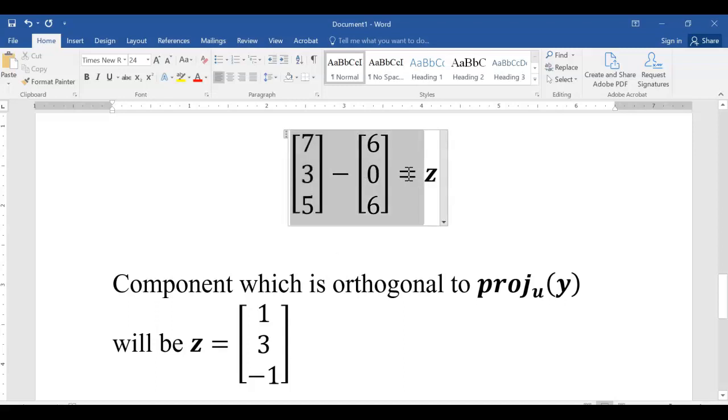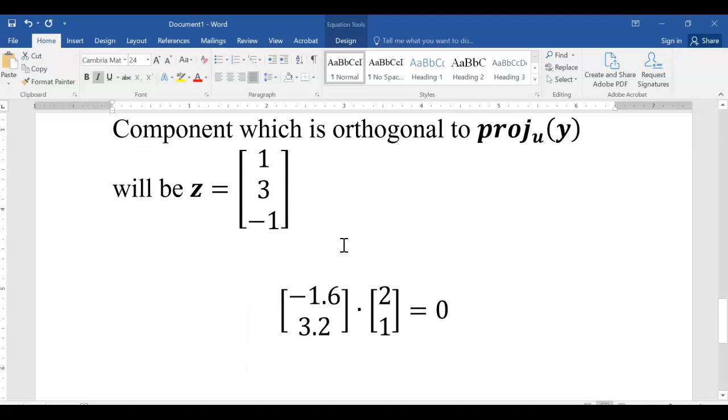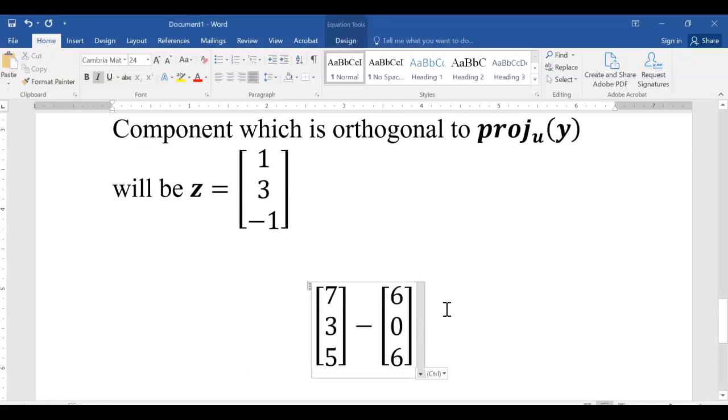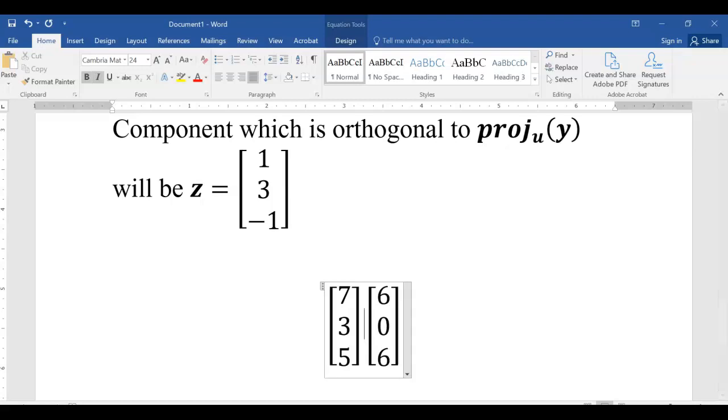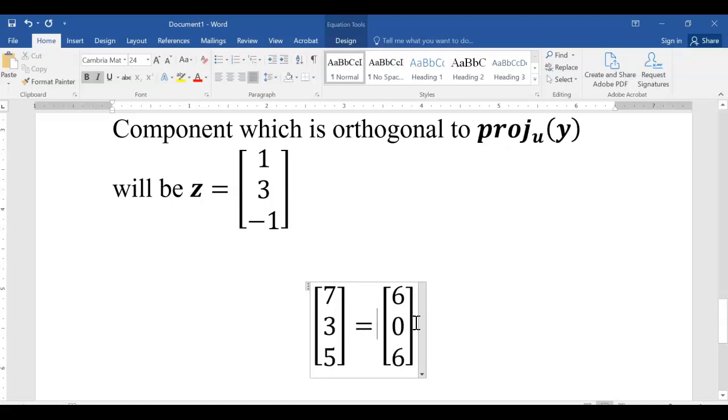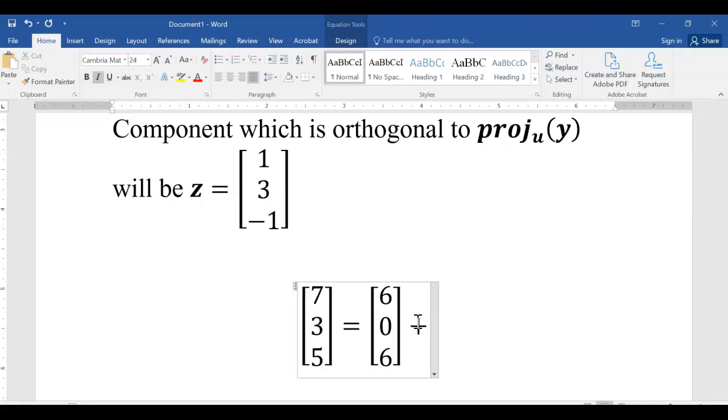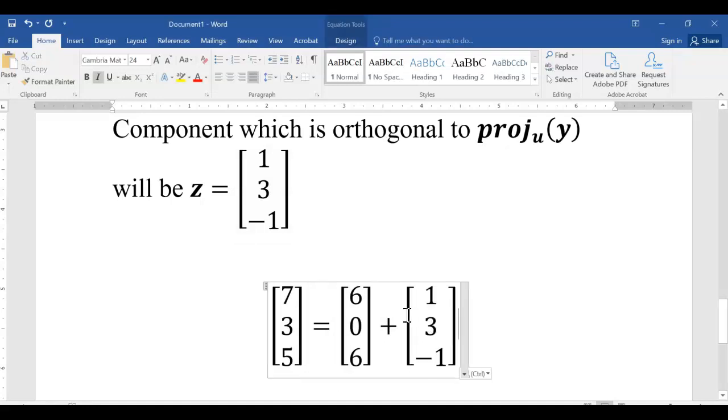Obviously, if you want to, you can, oops, that's from the last problem, confirm that (6, 0, 6) when you add (1, 3, -1), in fact gives you (7, 3, 5).